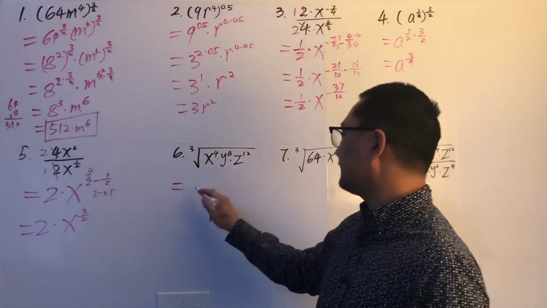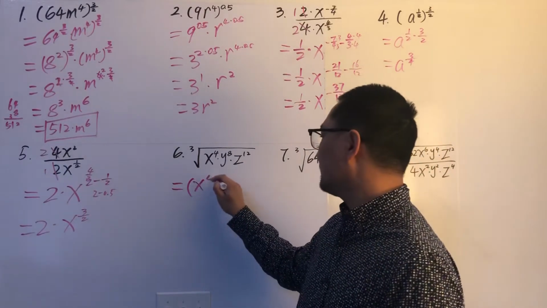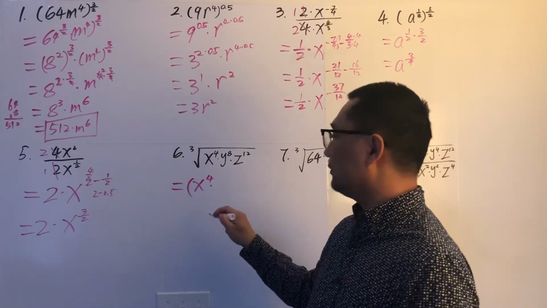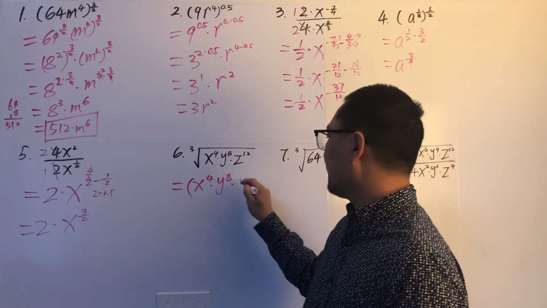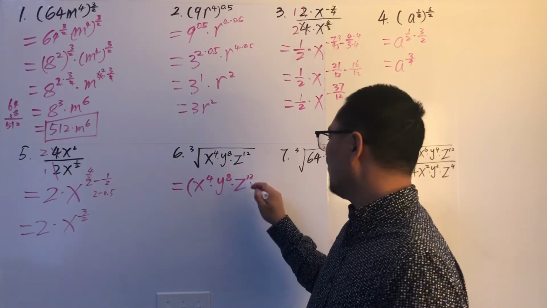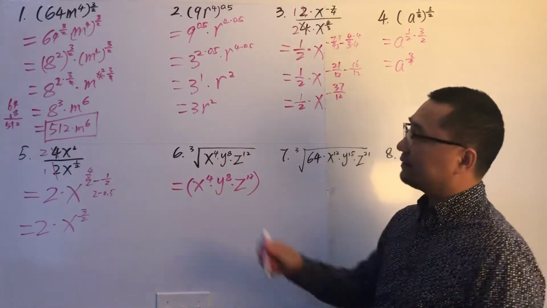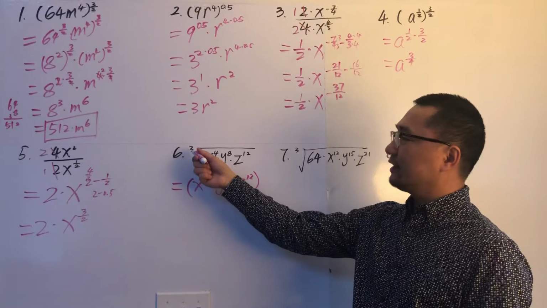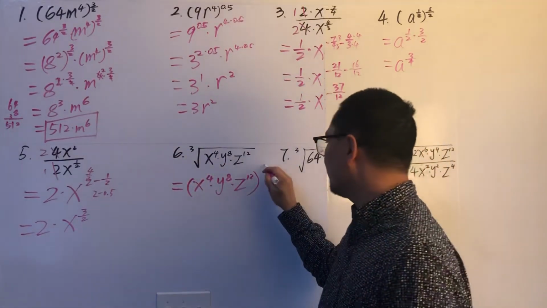The base is the same. You can write down the base in the parentheses, x to the 4 times y to the 8 times z to the 12. And then what is the exponent? Okay, so because this is a cubic root, that means the exponent is 1/3.